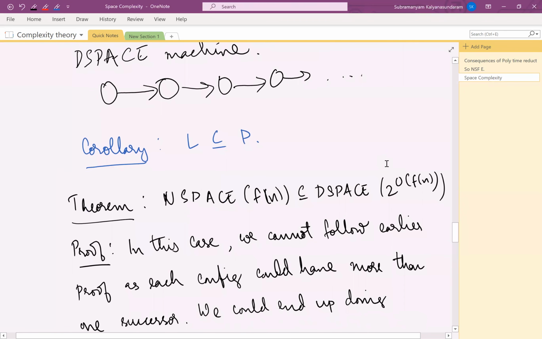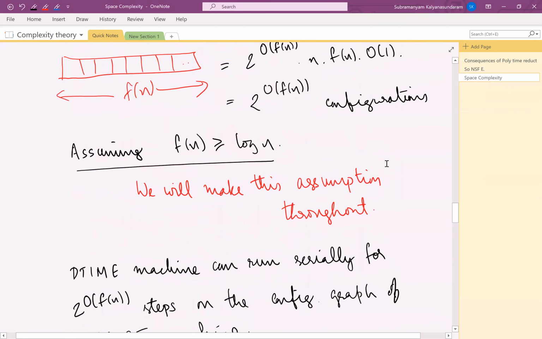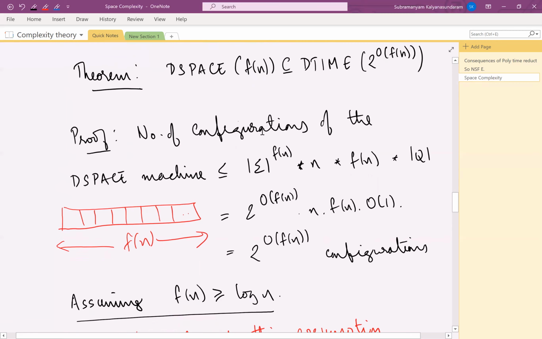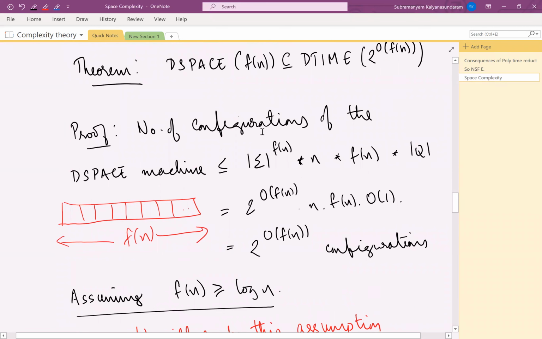And now we'll see that this result holds even if the left hand side is non-deterministic f(n) space. So this is true for deterministic f(n) space and non-deterministic f(n) space as well. So even if this is non-deterministic, this is true.